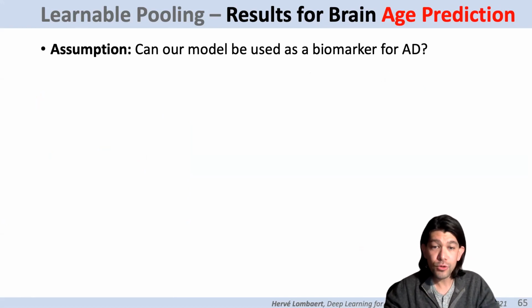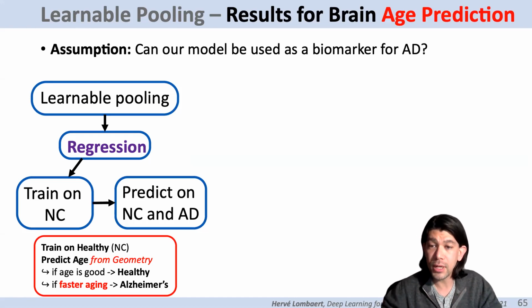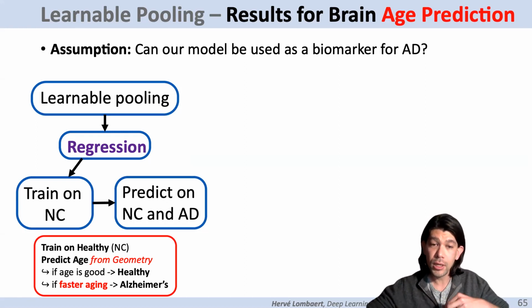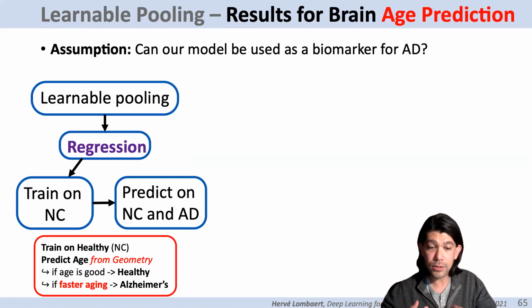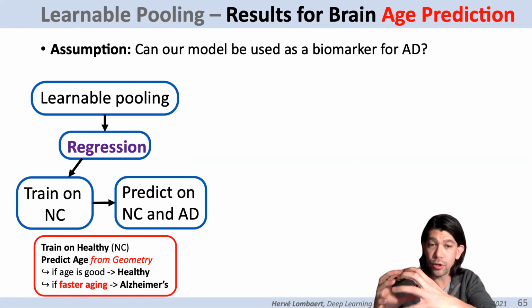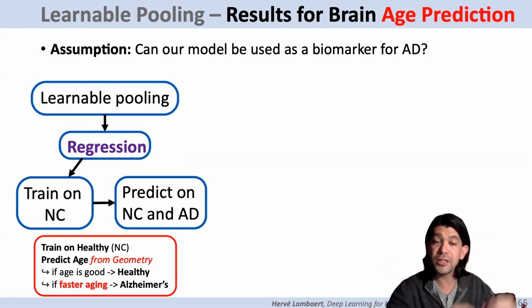Here we do another experiment. We assume that we can model brain aging as a biomarker for Alzheimer's disease. Here we try to see if this is a good approach or not. So one assumption is: if you try to regress or predict age based on a model that has been trained only on healthy subjects, so you try to learn the normal aging behavior, and from this normal aging behavior you try to predict the age.